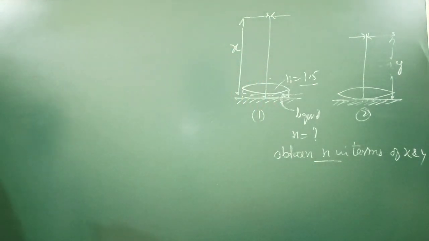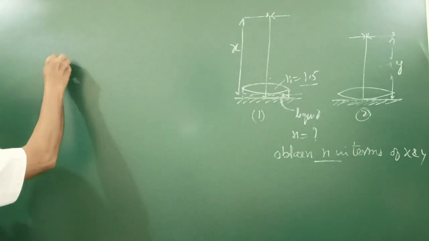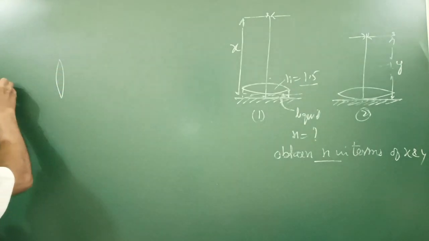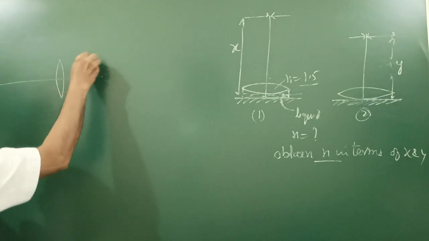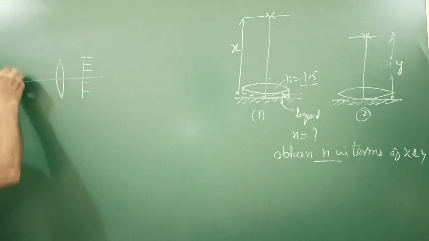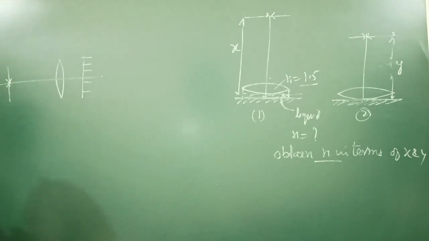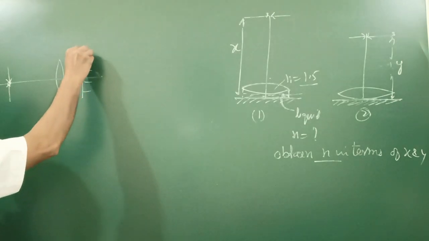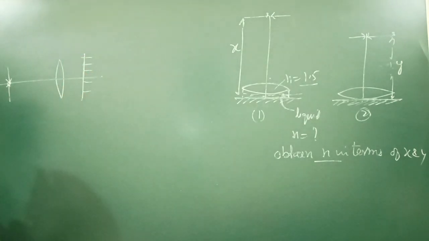I have told you earlier, if we have a convex lens here and a parallel plane mirror, and the object is placed here and we get the image here of the same size, then what is this point? And this is the plane mirror. How is it possible?